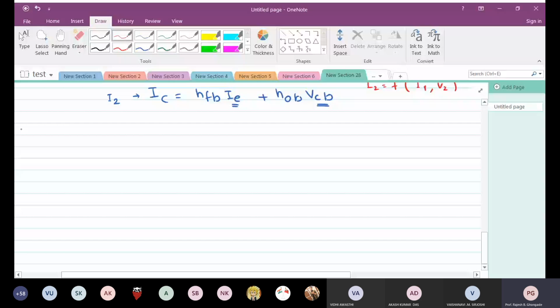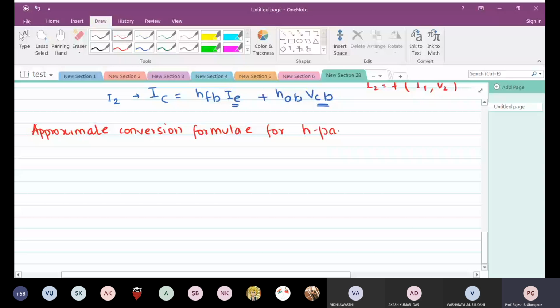So we have the approximate conversion formula for H parameters. I have a table here, so I have to draw it.